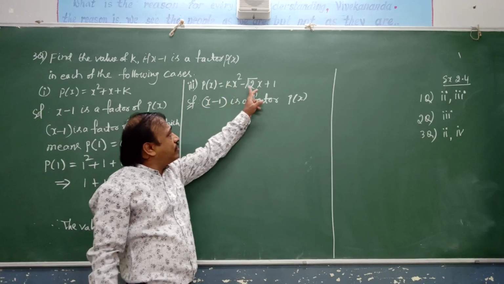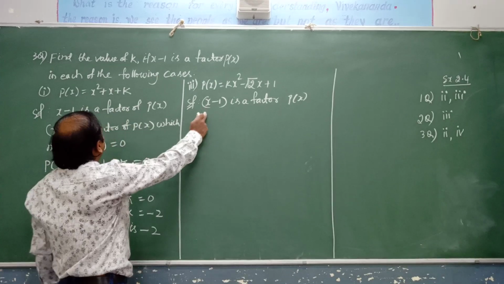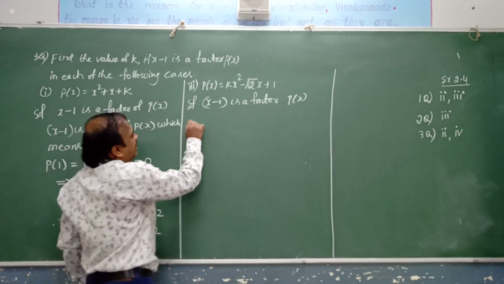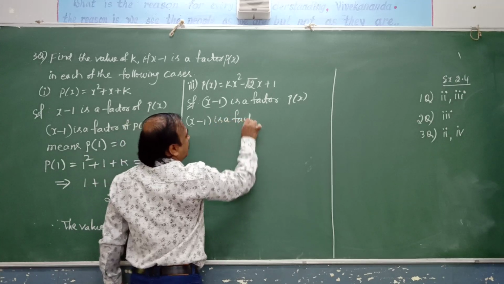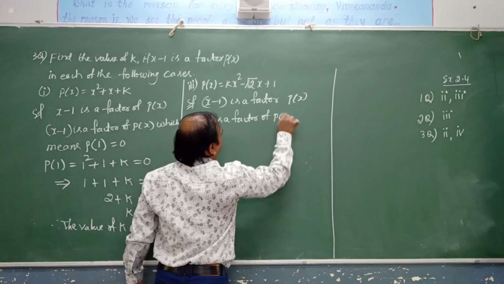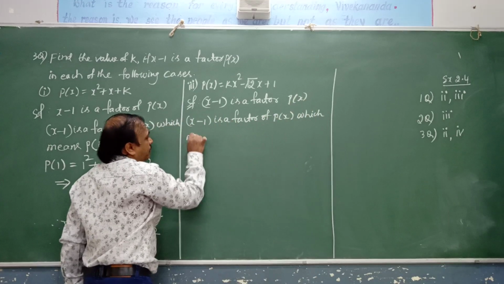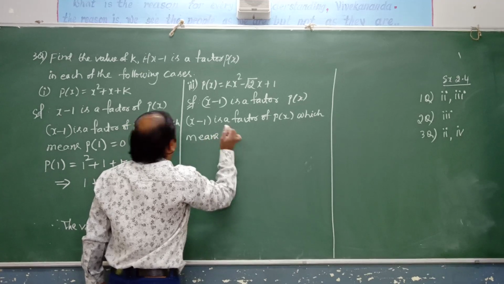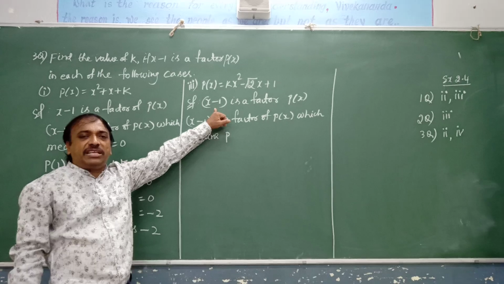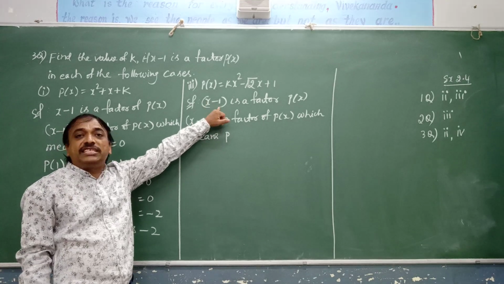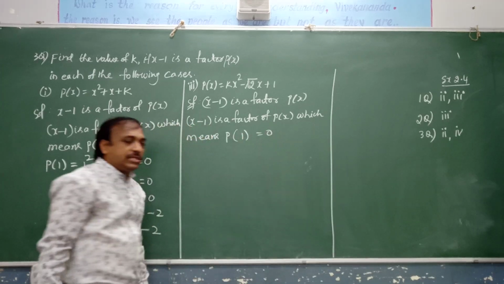This is kx square minus root 2 into x plus 1. So if x minus 1 is a factor of p of x, which means, if it is x minus 1, then we will substitute the zero of this x minus 1, which is plus 1, in place of x. So p of 1 is equal to 0.